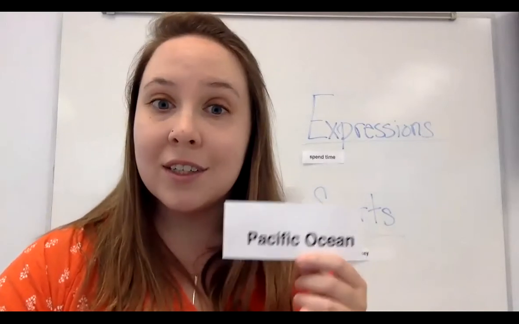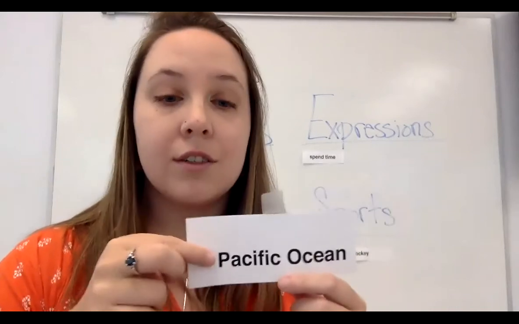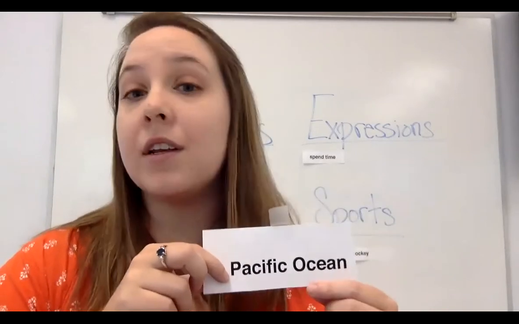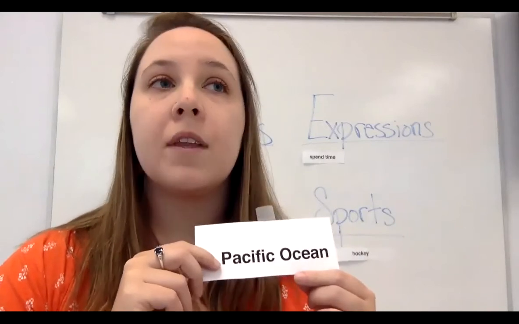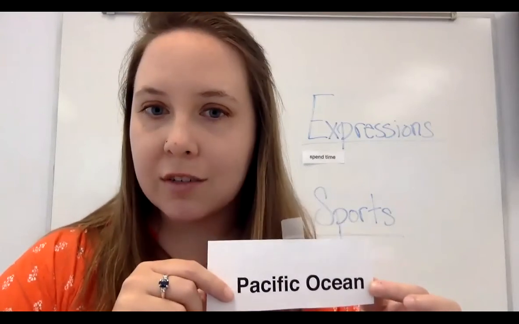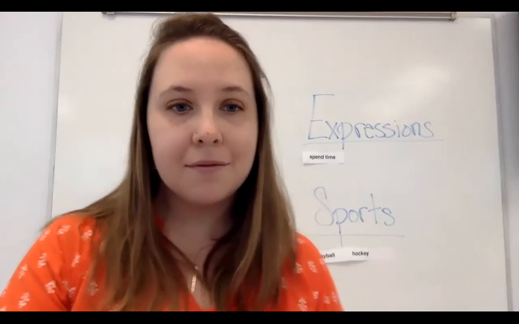I want your sentence to be about your life. So you can say, I have never been to the Pacific Ocean, or Mexico borders the Pacific Ocean. So something that is specific to you and your life.